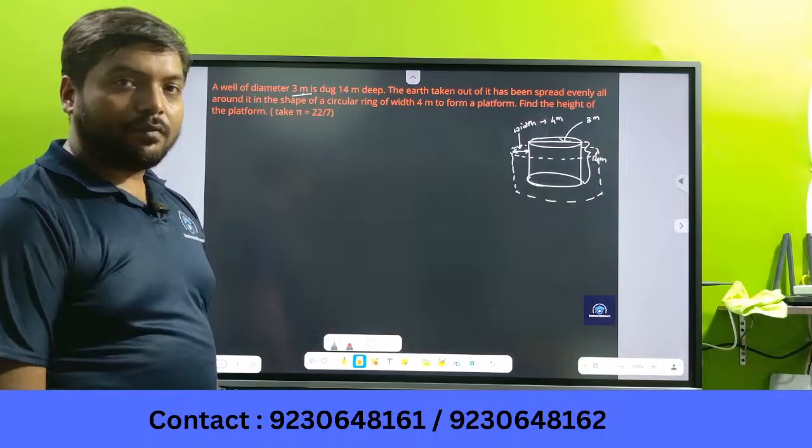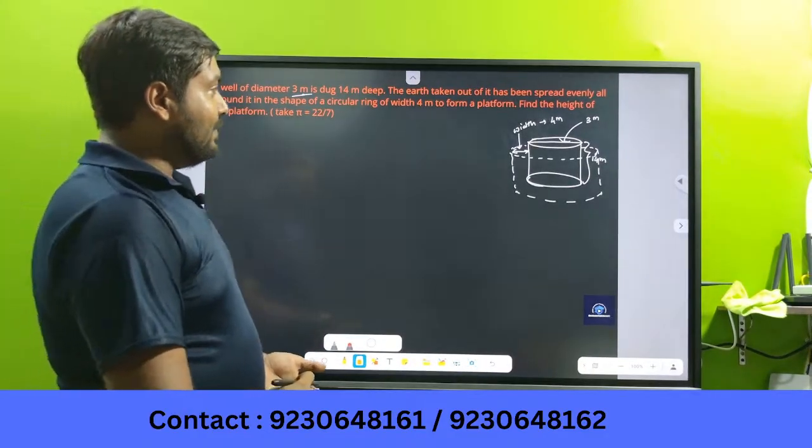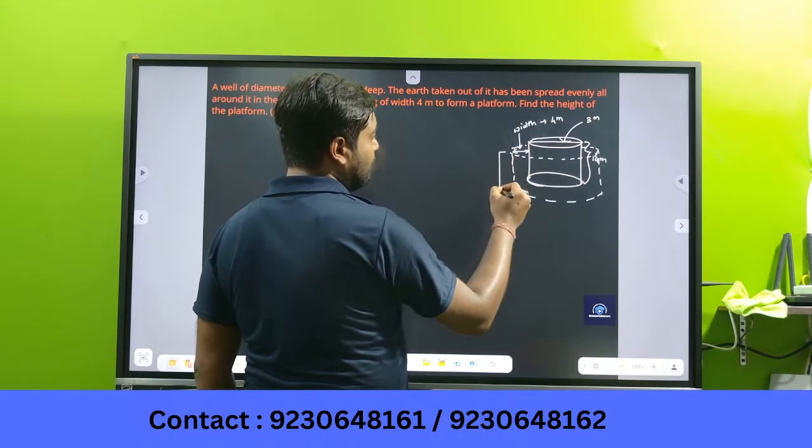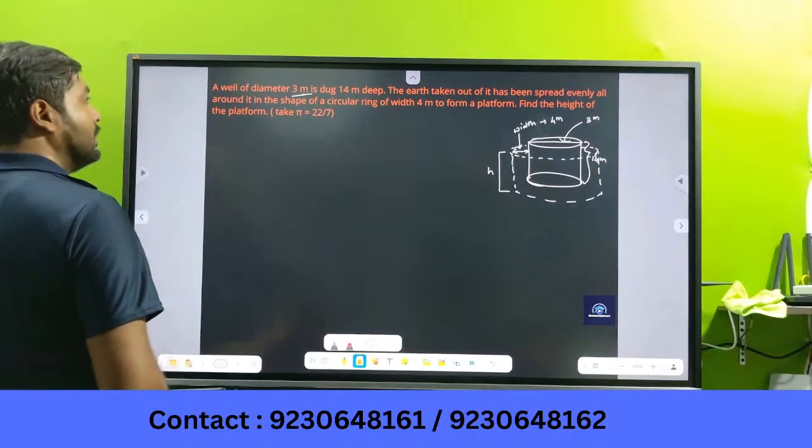This width is 4 meter. So we have to find the height, that means we have to find the height of this embankment or this platform.